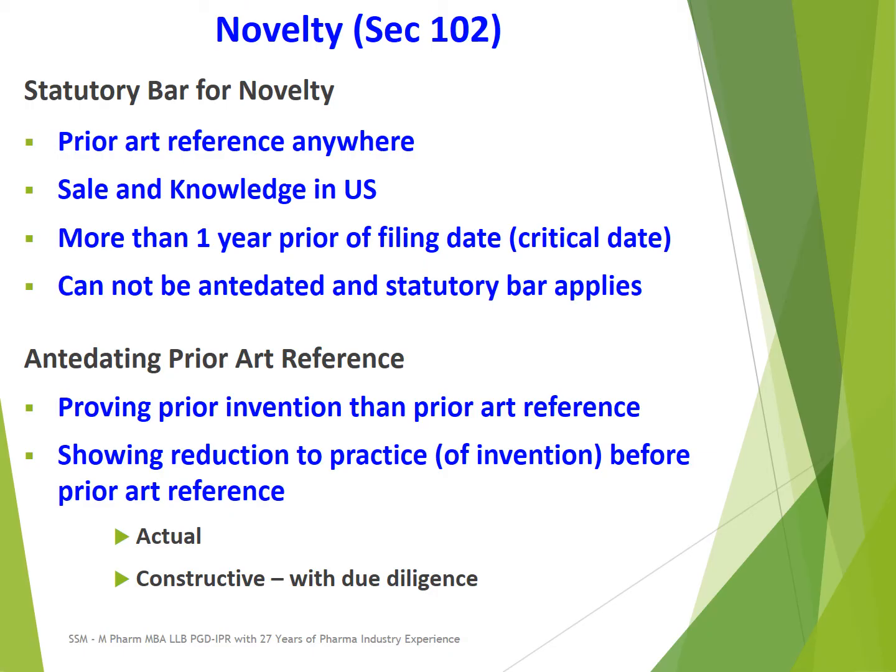Next is novelty requirement under section 102. Your invention should be new, it should not be anticipated by any of the prior art reference. So when you are proving the novelty, you have to consider the statutory bar for novelty also.